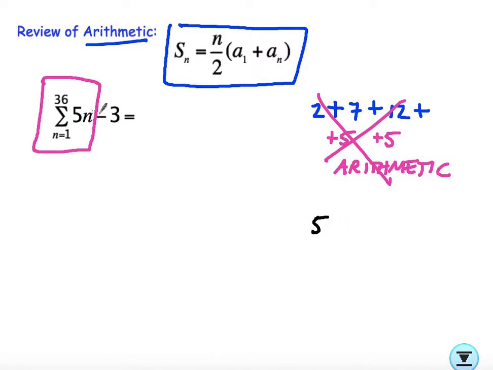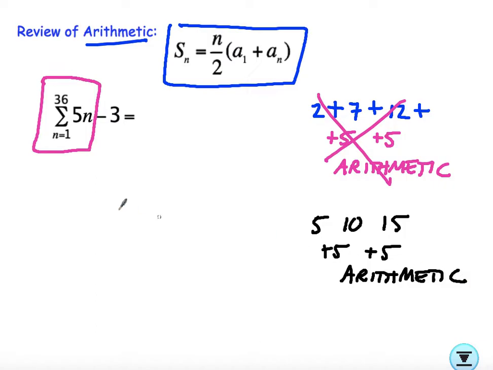And then if I plug a 2 in, my second term would be a 10. And if I plug a 3 in, my third term would be a 15. So yes, I'm still adding 5 each time, and it's still arithmetic. So that's good. But this sum formula will only apply to this stuff. And then at the end of that, we'll subtract a 3.